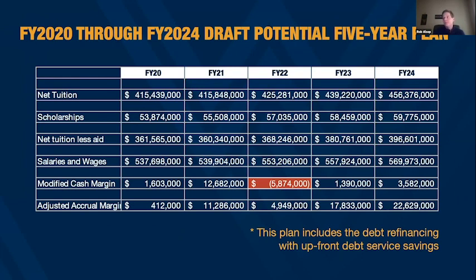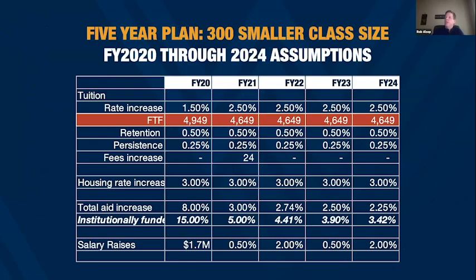But what we also talked about is how we live at the margins and what happens if our first-time freshmen don't meet or exceed 5,000, but instead we lose 300 first-time freshmen. So we took that model and we flipped it, and the only change we made was going from 4,900 first-time freshmen, instead of going up to 5,000 and then 5,100, we moved that down to lose 300 freshmen.